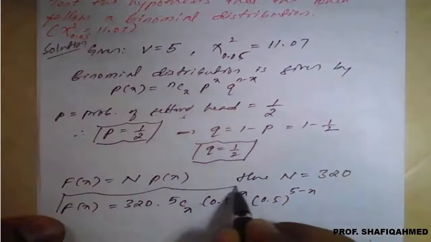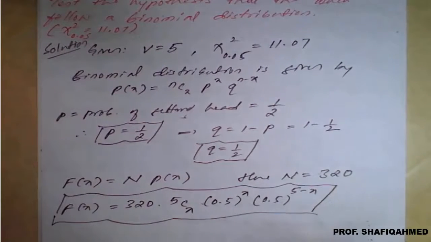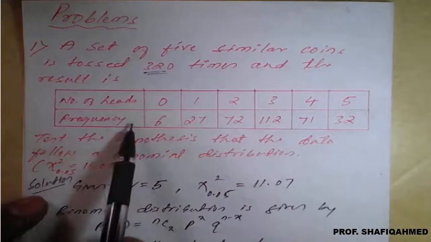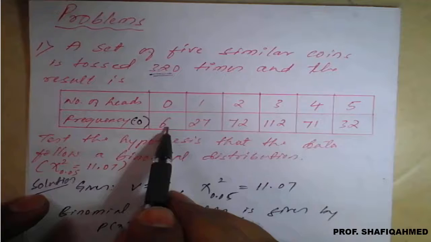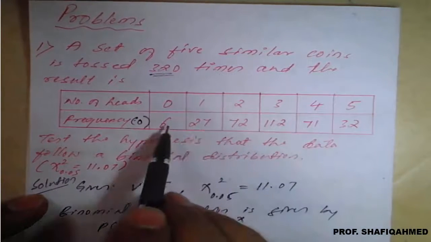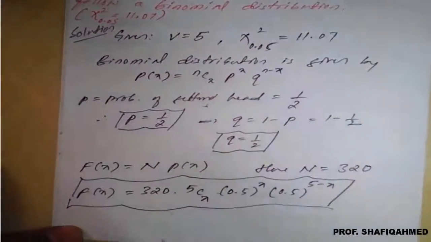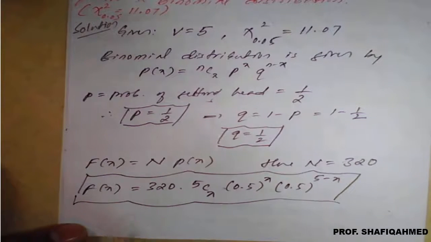So we'll need to prepare a formula here. So this is the formula for theoretical frequency. We are not applying chi-square yet, we are just finding theoretical frequency. What values of frequency they have given, I can say this is the observed one, O1, O2, O3, O4, O5, O6. So these are the observed frequencies they have given, that is already experimental. So we are finding theoretical frequencies by using this.